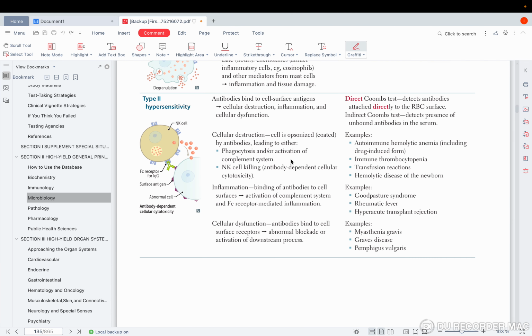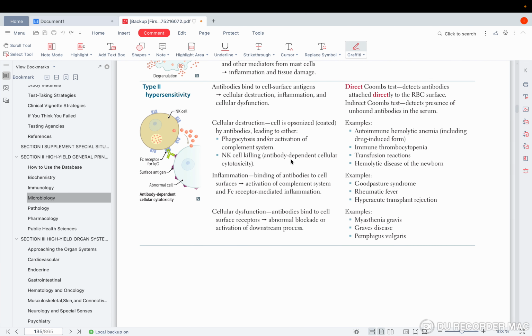It's type 1. Guys, Graves' disease is antibody against what? Antibody against TSH receptor. So since it is TSH receptors, what type of hypersensitivity reaction will it be?